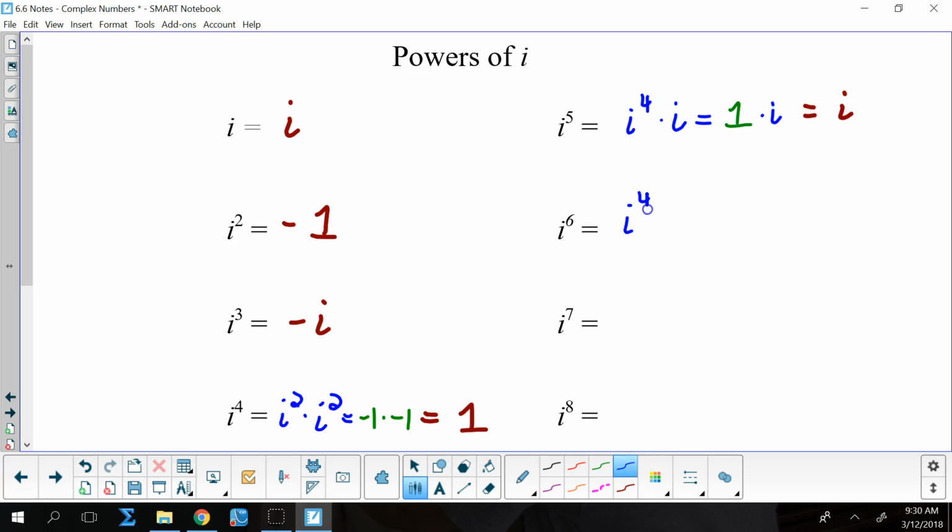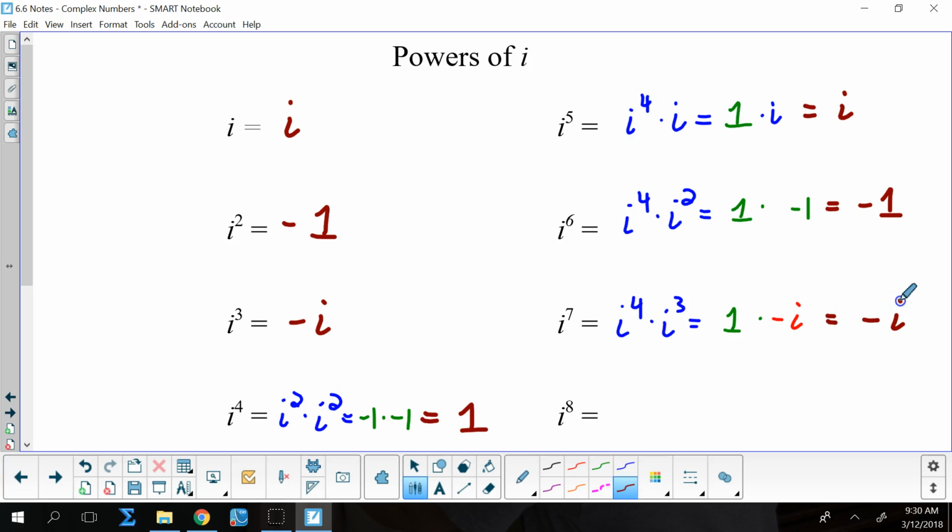Okay, so that's i to the 4th times i squared, which is +1 for i to the 4th and -1 for i squared, so that becomes -1. i to the 7th, -i, following the same pattern. i to the 4th times i cubed, which is +1 times, and then from over here, that's -i.